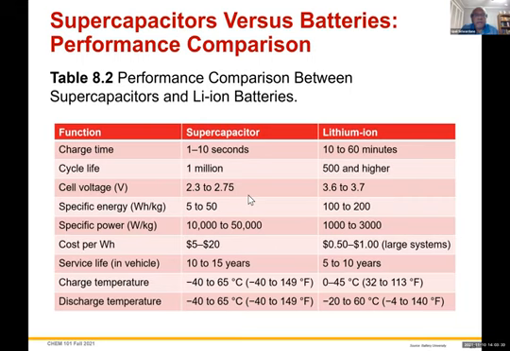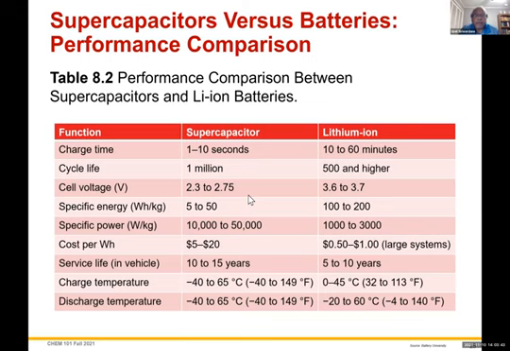Specific energy, or gravimetric energy: lithium ion has much more energy because of the chemical reaction, it has a lot of chemicals in it. Therefore, it has a lot more energy density.